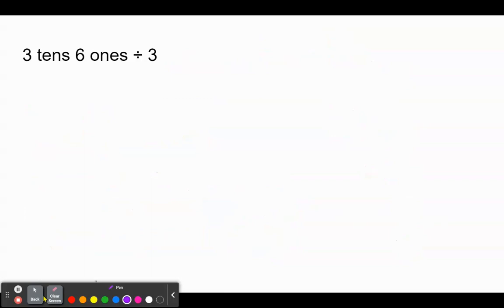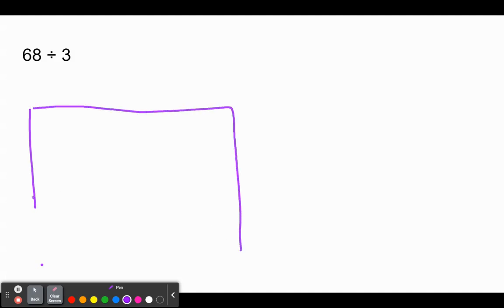Okay, now let's go ahead and see what would happen if we divide 68 by 3. Now I'm going to do this with just our place value chart for right now. So I'm going to draw my place value chart. Right, so now I'm going to split this.